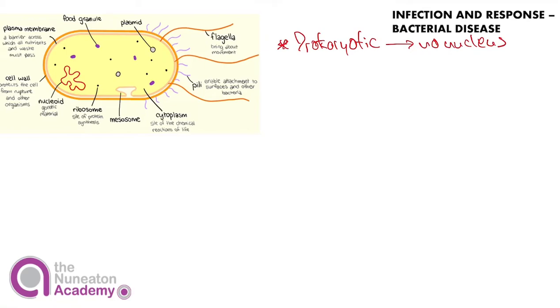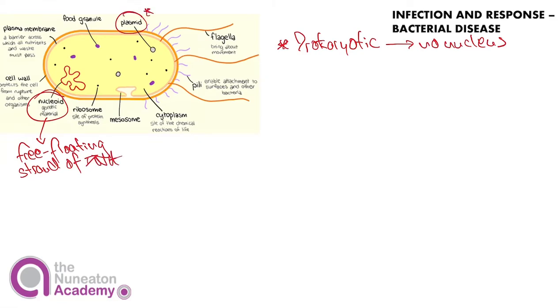Instead of having a nucleus, they have what you might sometimes see referred to as a nucleoid, so just a free floating strand of DNA that just hangs out in the cytoplasm, or you might also see the term plasmid referred to as well.